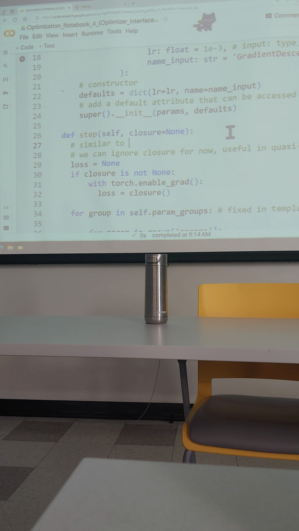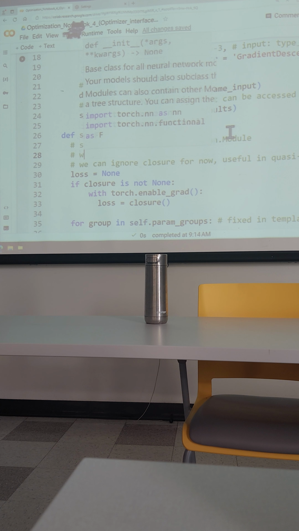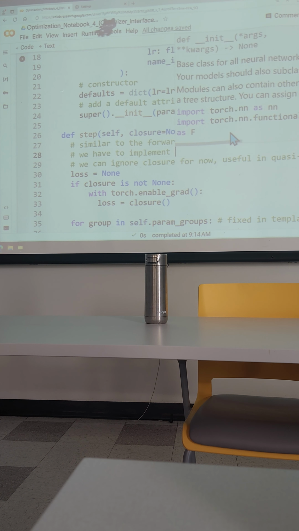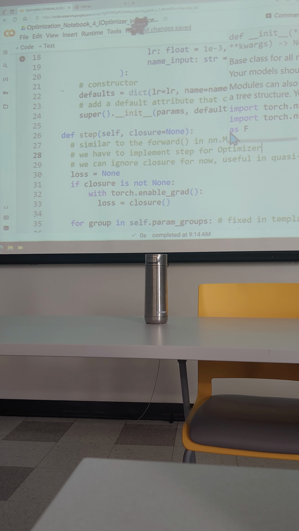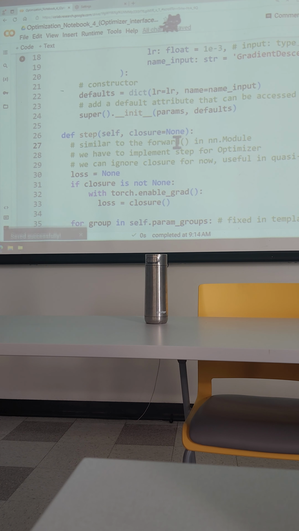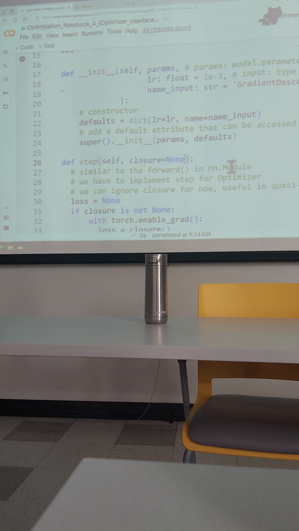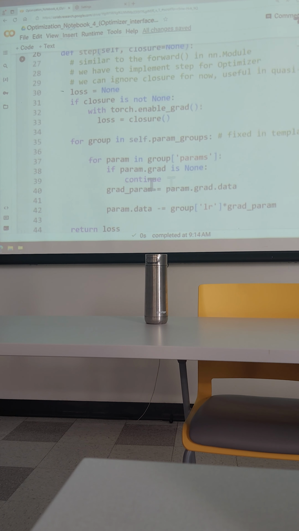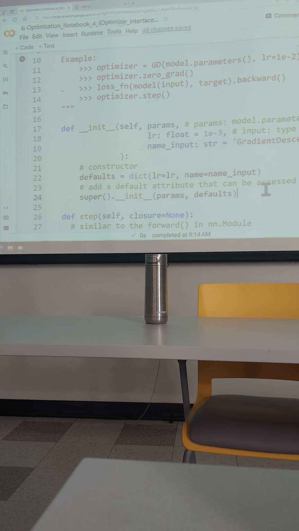Similar to the forward function in the nn.Module for a neural network, for an optimizer we have to implement step in the optimizer class. We can ignore this for now, but when we implement quasi-Newton, it will be extremely helpful. This is the whole code. We'll first explain the constructor.